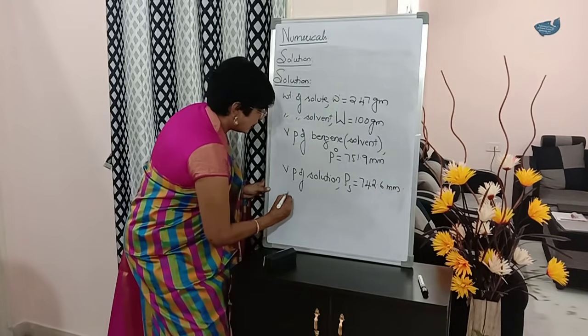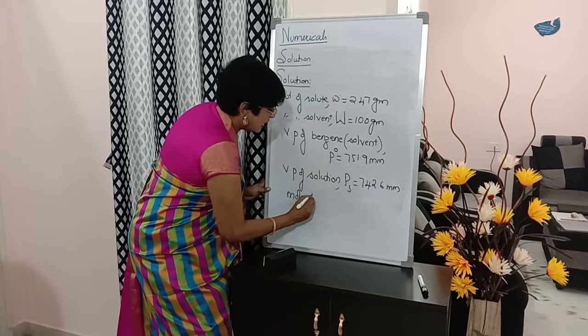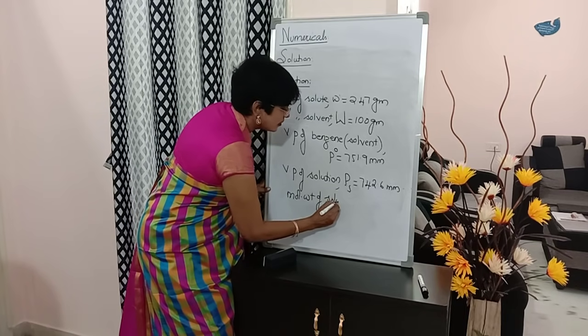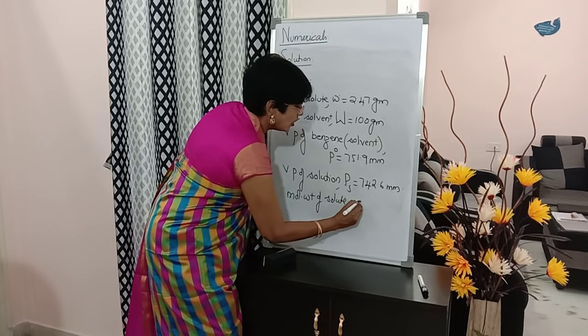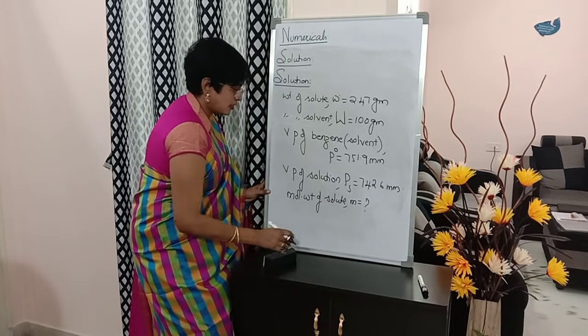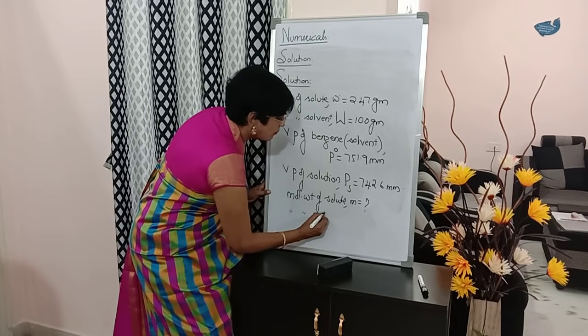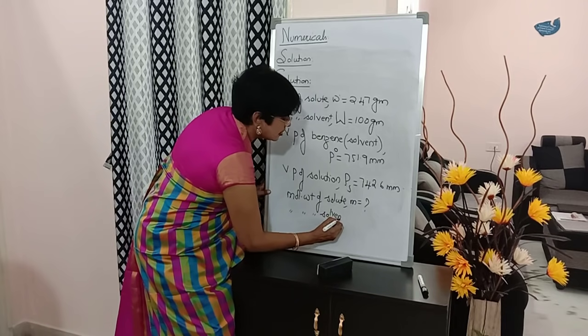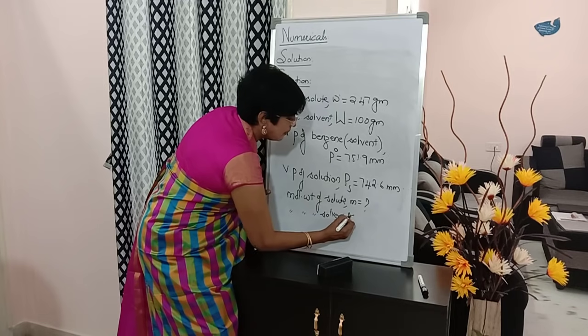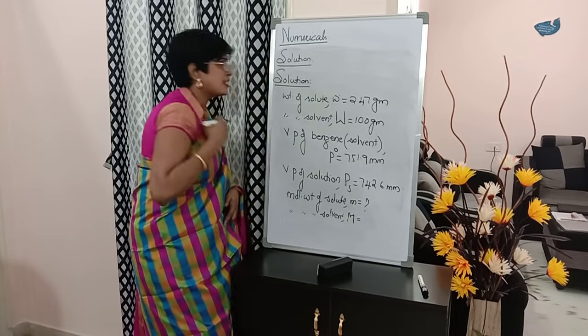Now, what is to be calculated? Molecular weight of solute, that is small m, is equal to question mark. Now, we are supposed to write molecular weight of solvent, capital M, is equal to how much?